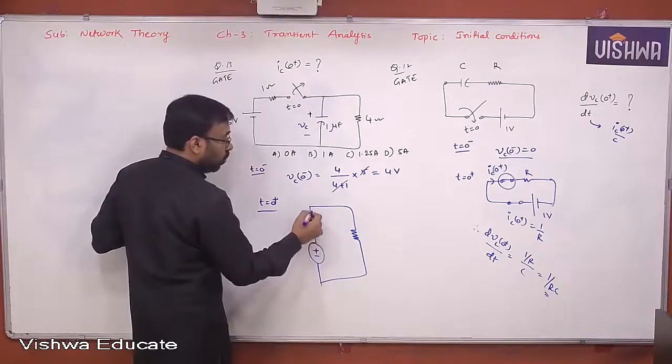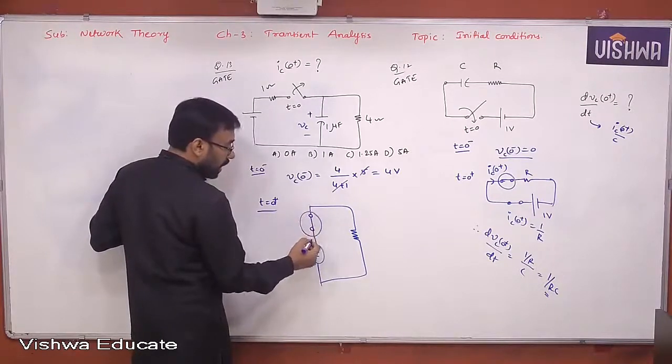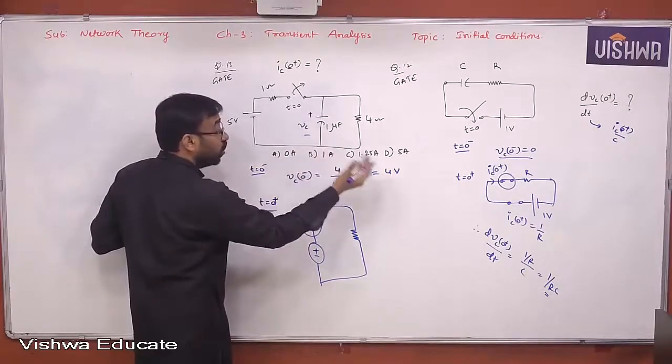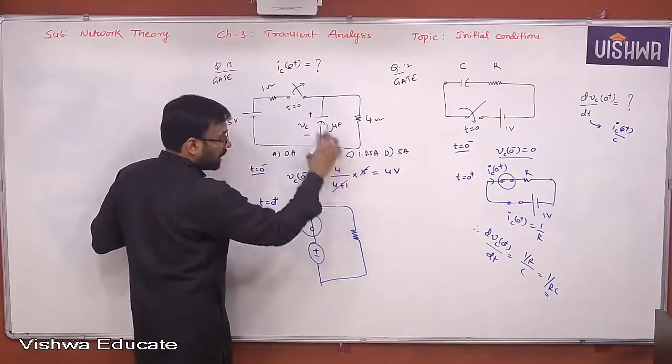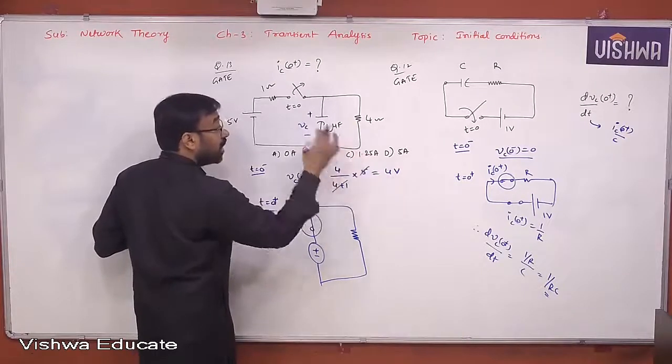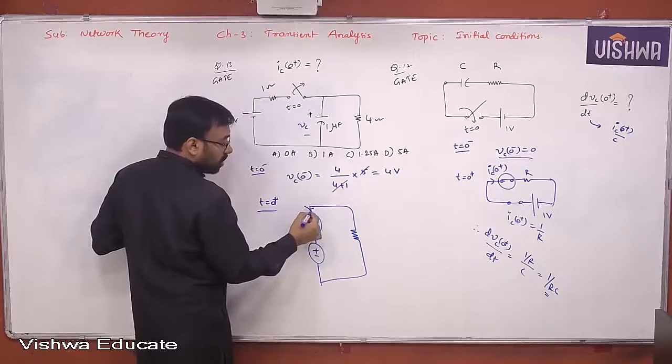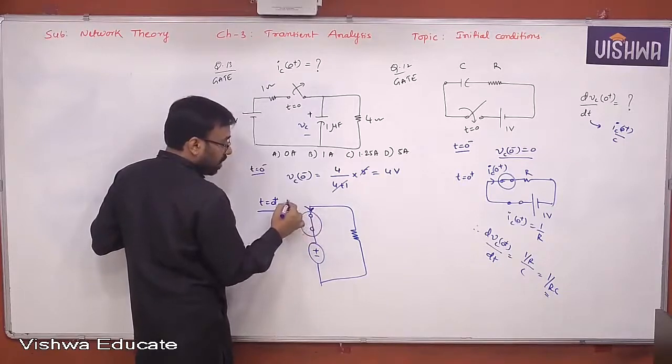And you need to go with the current. Actually here, strictly speaking, the current direction must be like this based on the polarities that you determined. The voltage across the capacitor is how much? 4 volts. Which polarities are you getting? Plus minus. Keeping in mind those polarities, now the direction of the current can be taken as IC of 0 plus in the downward direction.